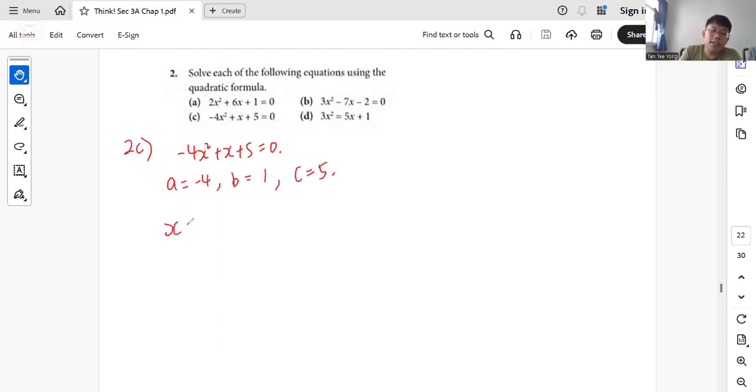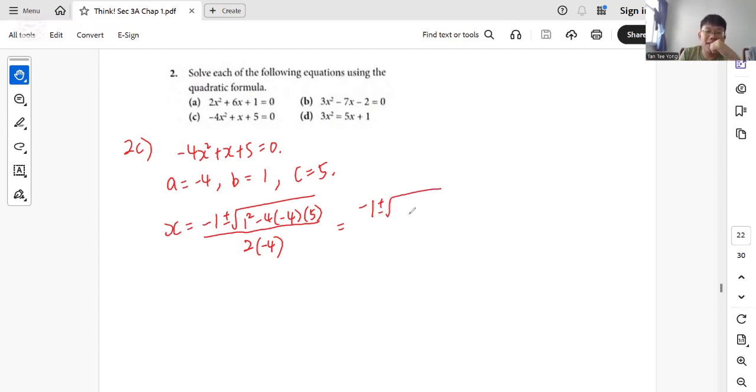So x equals to negative b plus minus square root b squared minus 4 times a times c, over 2a. If you simplify the numbers in the square root, you will have 1 plus 81, over negative 8.